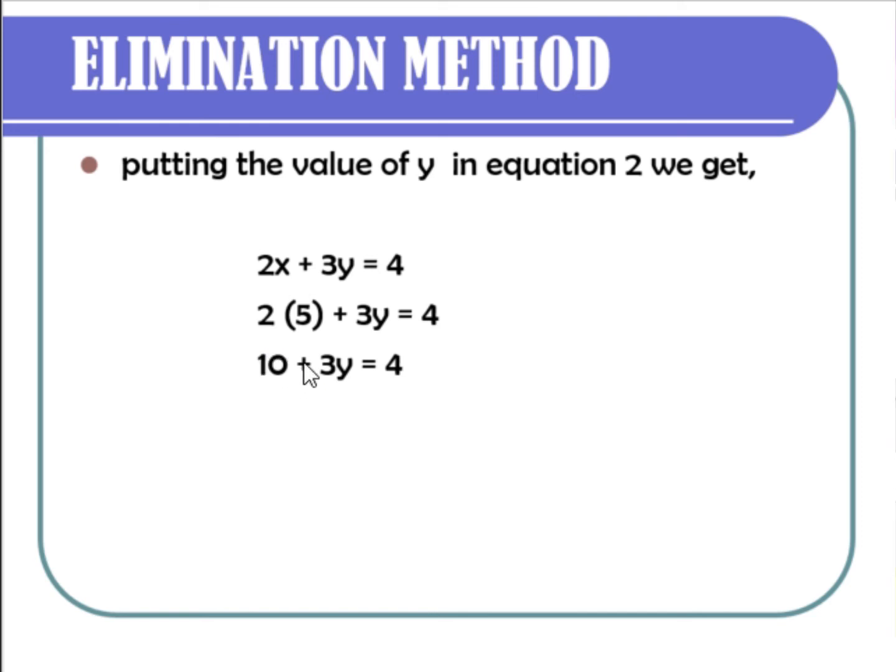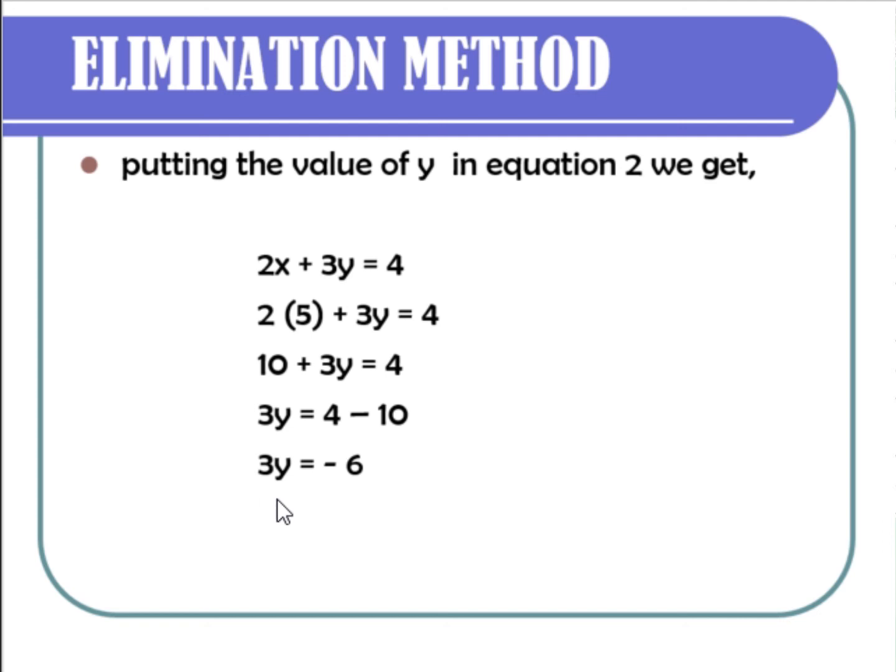Yung positive 10, by addition property of equality, ililipat natin sa kanan ng equal sign ay magiging negative 10. So, 3y is equal to 4 minus 10. Then, we'll have 3y is equal to negative 6. Ang coefficient ng y ay 3. I-divide natin both side by 3.